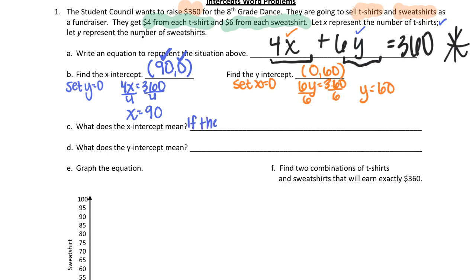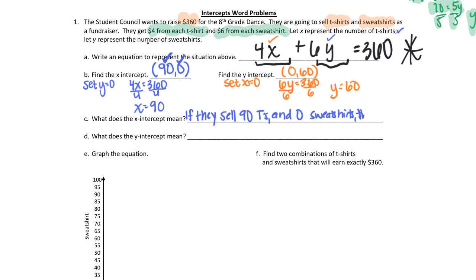If they sell 90 tees and 0 sweatshirts, they'll hit their target. They will make $360.